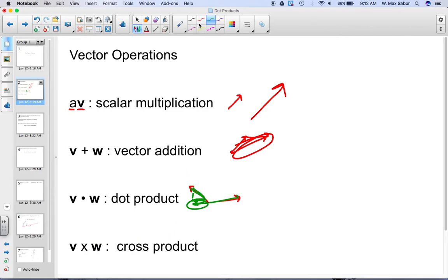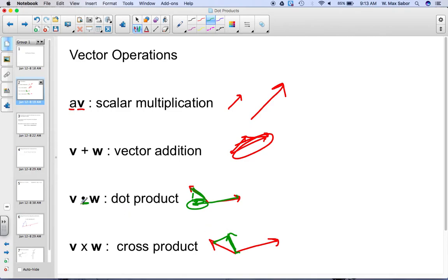And the cross product represents when we take two vectors and we look at the perpendicular components. So we're comparing this to the perpendicular component. This is kind of a weird explanation, but it should make more sense when we start talking about real-world applications and also how to calculate it.